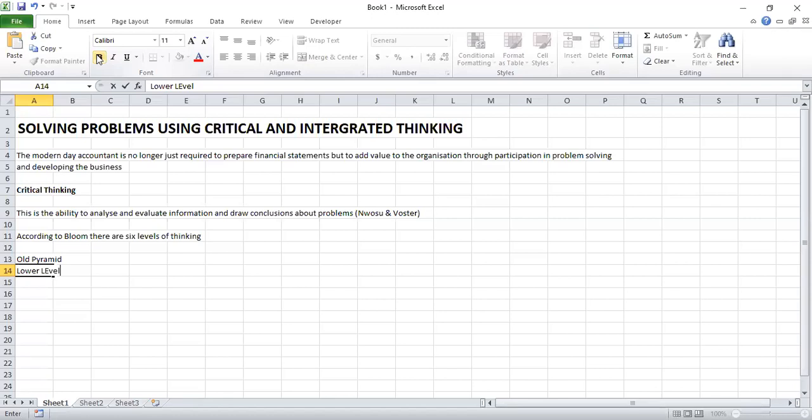The lower level of thinking has knowledge, comprehension, and application.